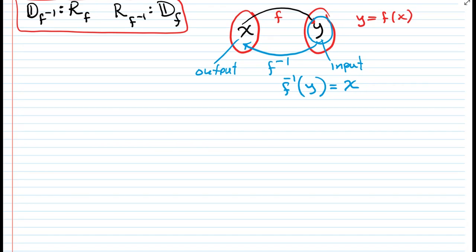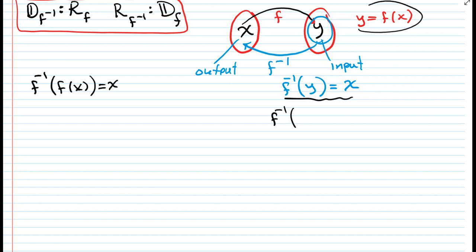Something interesting about the function and its inverse is that if you do the composition f inverse of f of x, the outcome is going to be x. This follows from f inverse of y, where y is f of x.